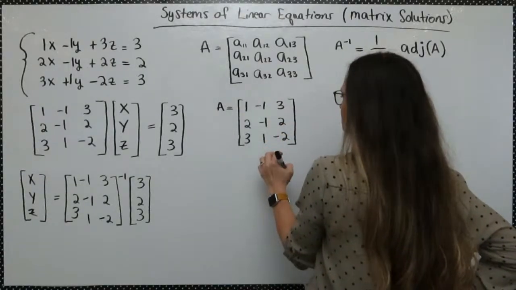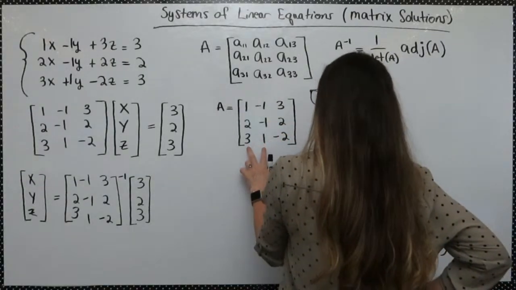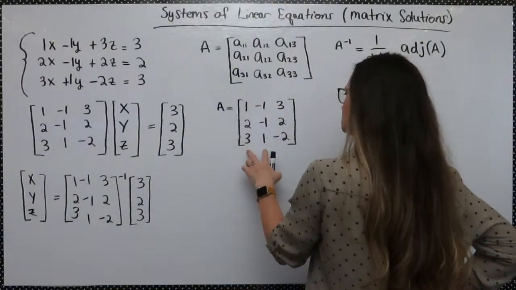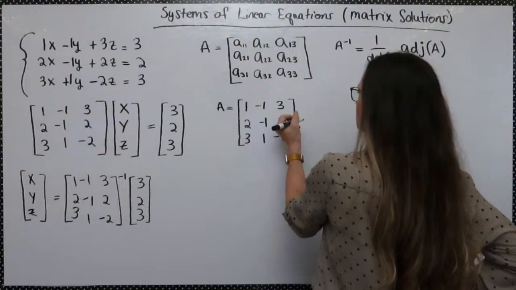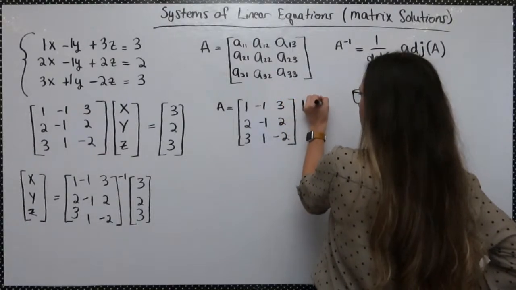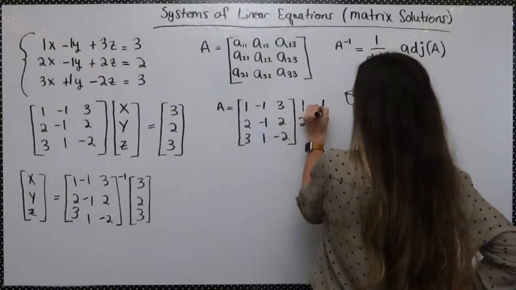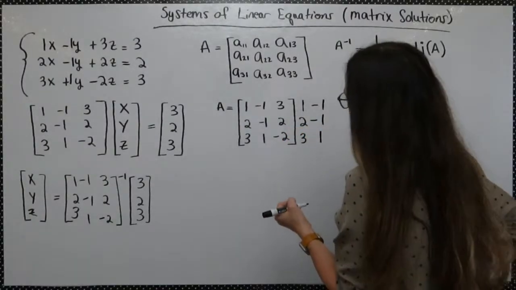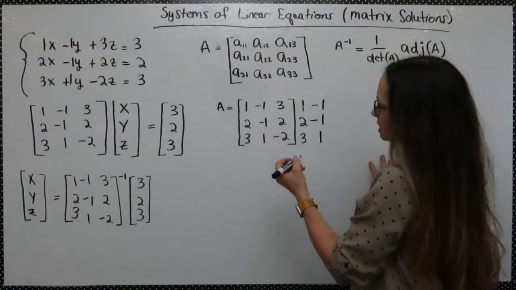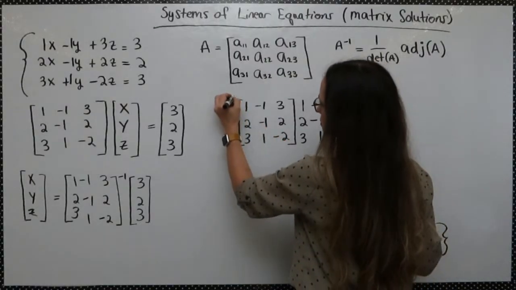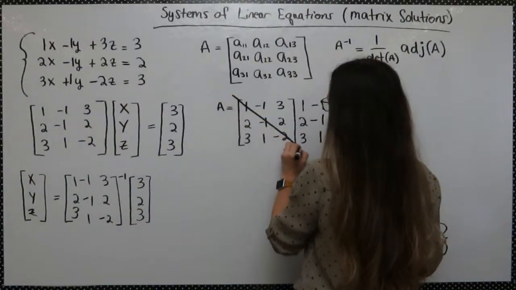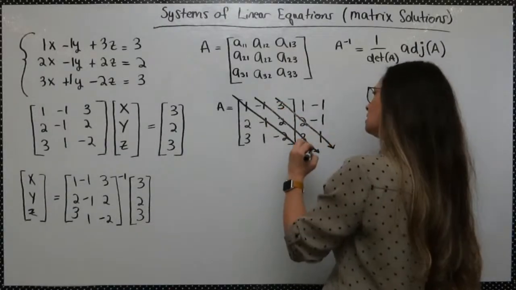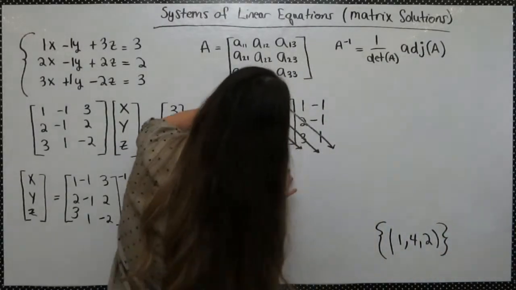This method requires copying the first 2 rows over, so I'm just going to repeat these 2 rows here: 1, -1, 3, and 2, -1, 2. And now we're taking the diagonals. We're going to go in the positive direction, and then we're going to go in the negative direction.